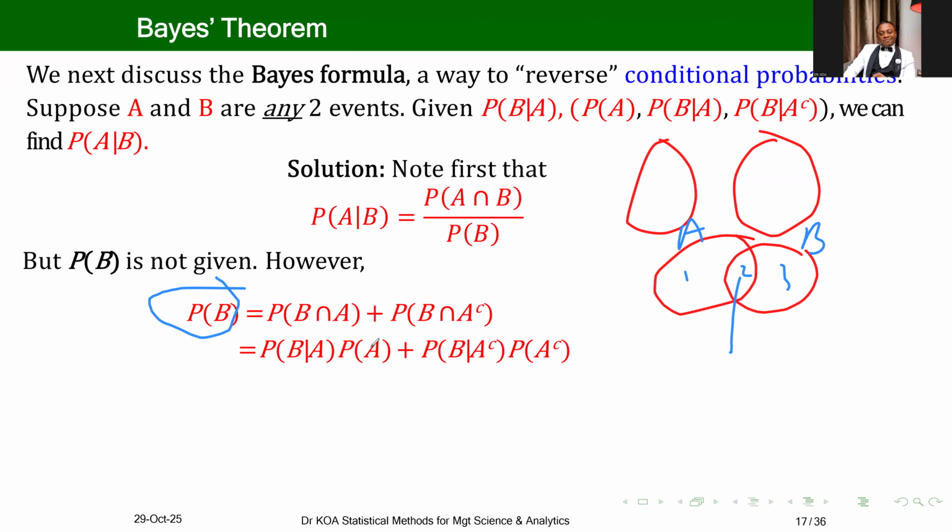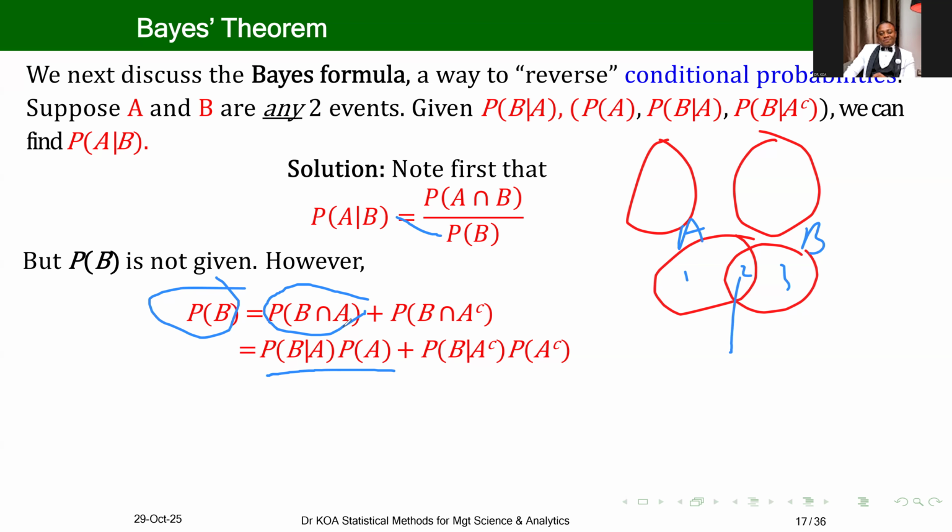Okay, so we know also that this probability of A intersection B, we know from previous conditional probability, when you cross multiply, is actually the multiplication. Remember, this is A intersection B, which is A given B times B. So it means that the intersection of B and A will be B given A times A, which is this.